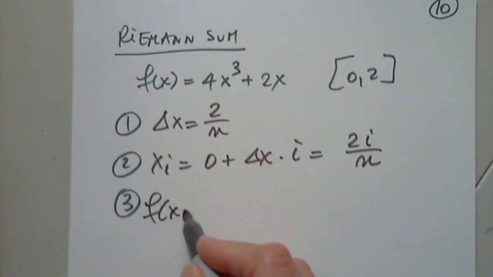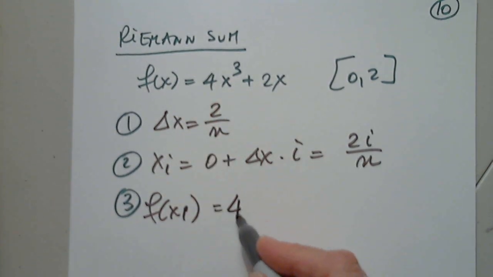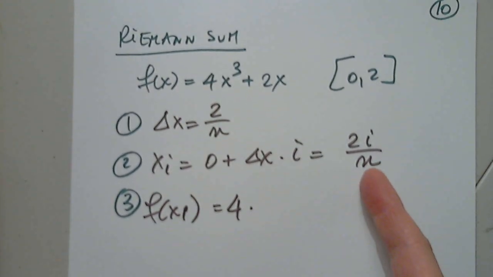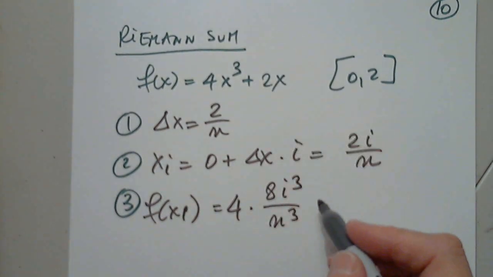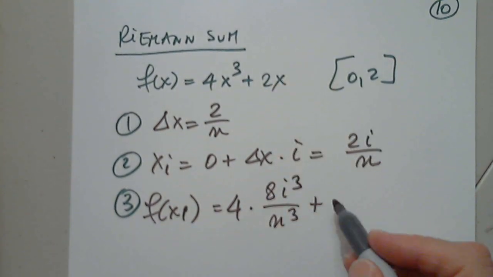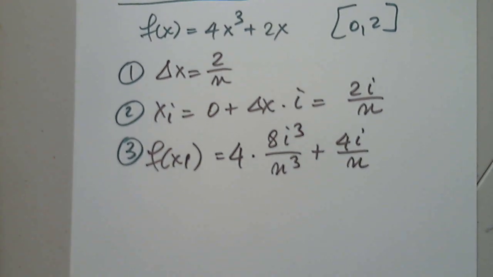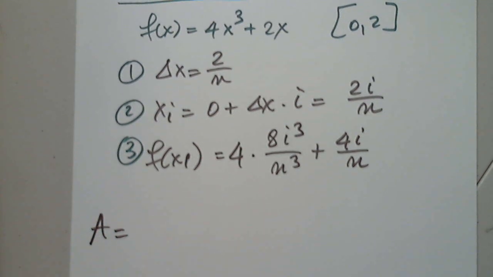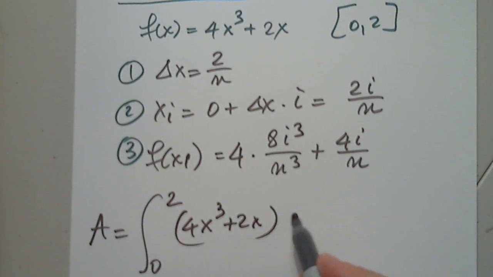Last prep is f of xi: 4 times this to the third power, 8i to the third over n to the third, plus 2 times this, 4i over n. Finally, the area. And you should also determine it from 0 to 2 of 4x cubed plus 2x dx.